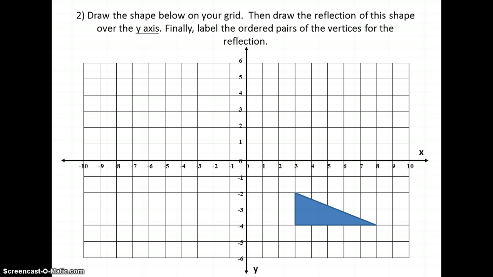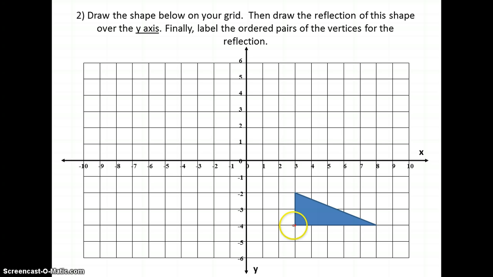Okay, so let's try it. In this figure I have the slanted part, or actually this is called the hypotenuse because it's a right triangle. The hypotenuse is going down from left to right. So in my new figure, I know it needs to go down from right to left.